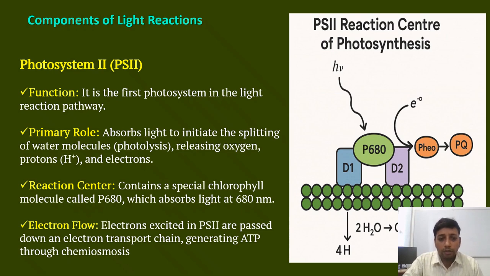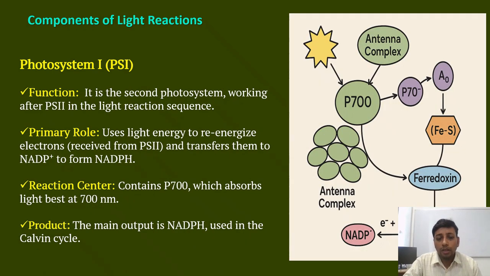The reaction center of PS2 contains a special type of chlorophyll molecule called P680, which absorbs light at 680 nanometer. The electrons excited in PS2 are passed down an electron transport chain, generating ATP through chemiosmosis.